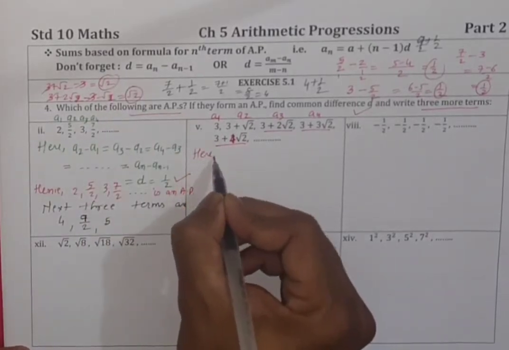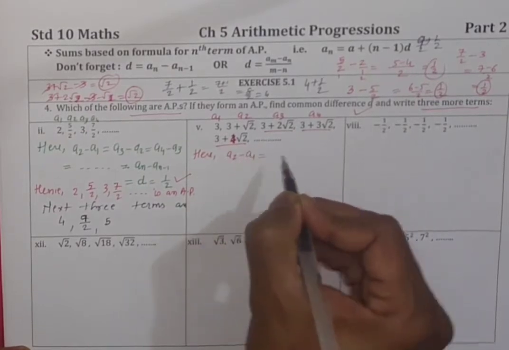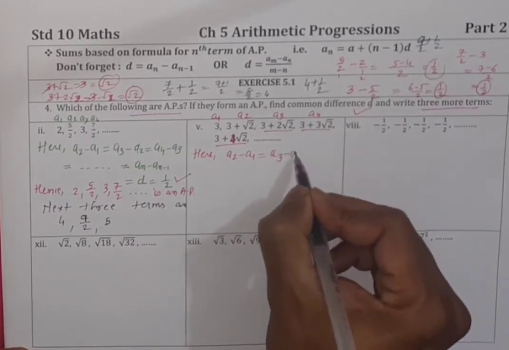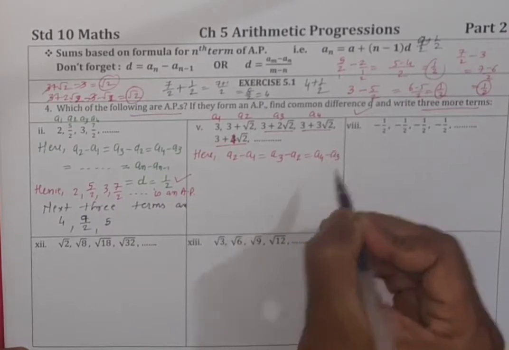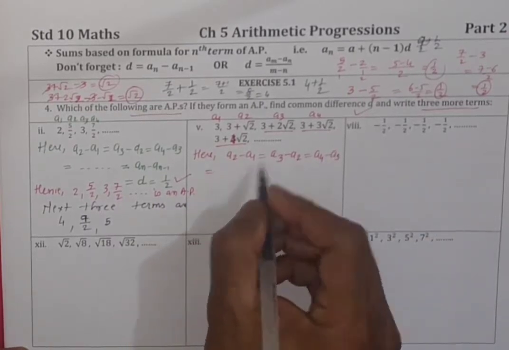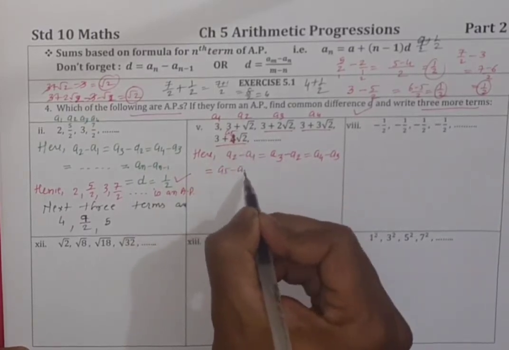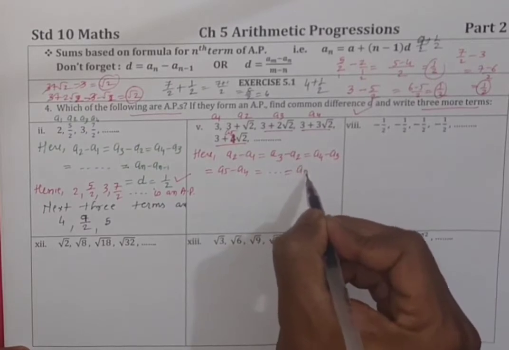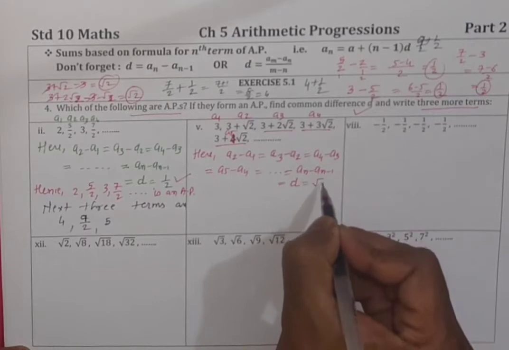So you may write after checking everything here: A2 minus A1 is equal to A3 minus A2 is equal to A4 minus A3 is equal to A5 minus A4 is equal to dot dot dot is equal to An minus 1 is equal to D and that is root 2.